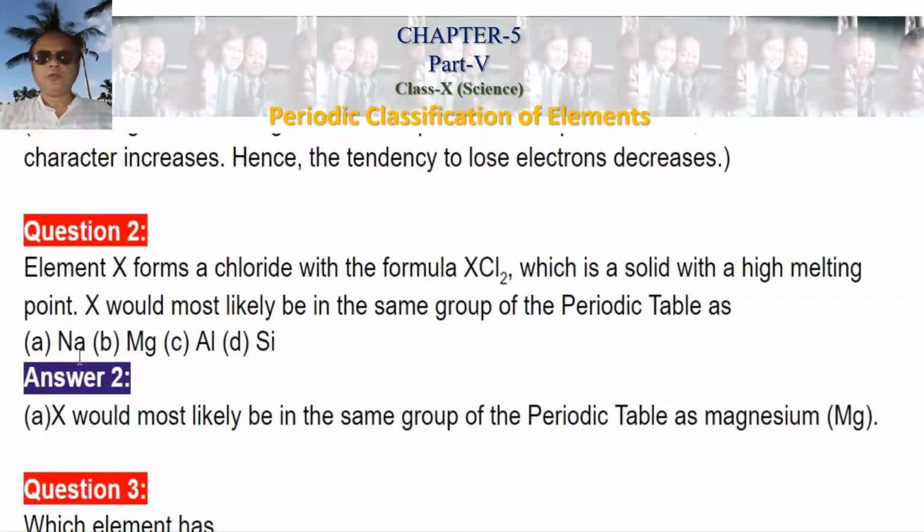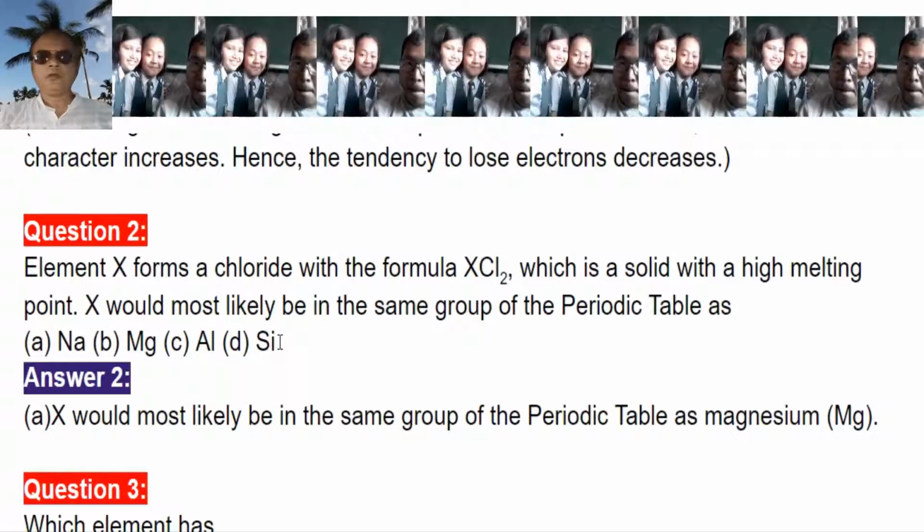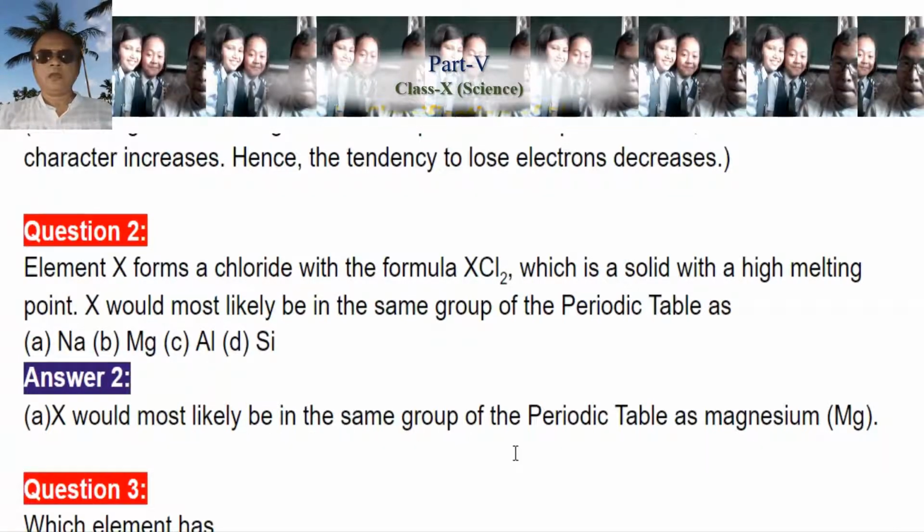Since sodium's valency is 1, magnesium is 2, aluminum is 3, and silicon is 4, the compound formed, XCl2, will be magnesium only. So X would most likely be in the same group as magnesium.